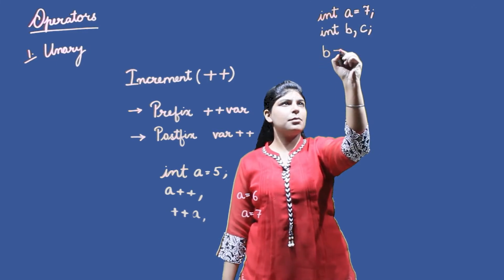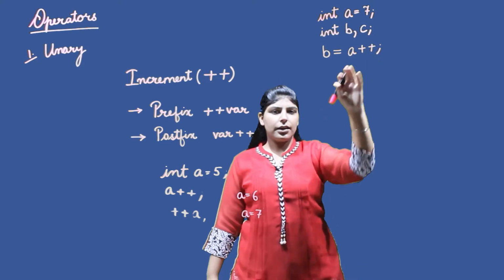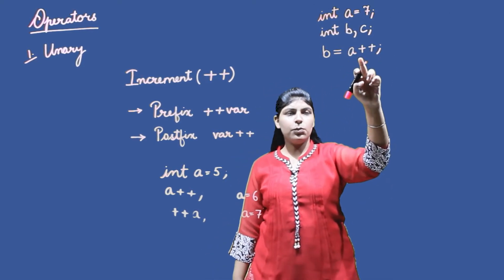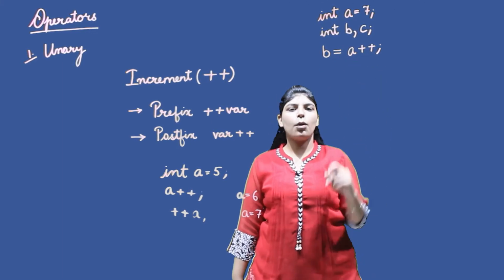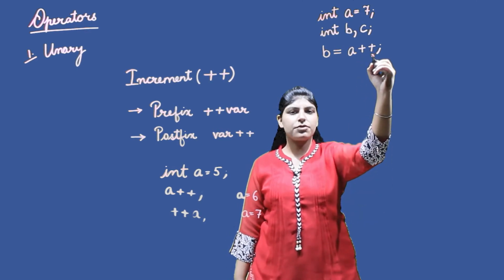Now I am assigning b is equals to a plus plus. In this line, two operations are being done. I am incrementing a's value and I am assigning the value to b. So now the order of these two operations depends upon the usage of the notation. Here I am using postfix notation.